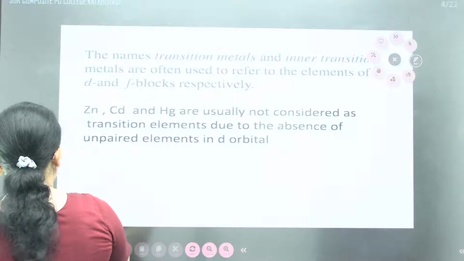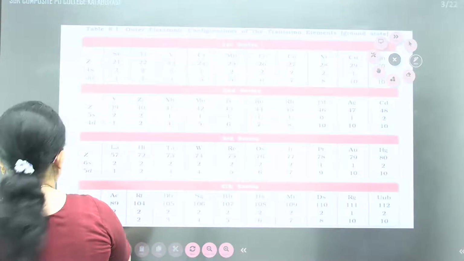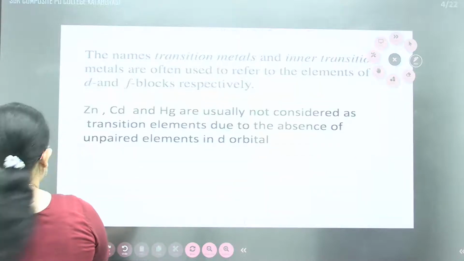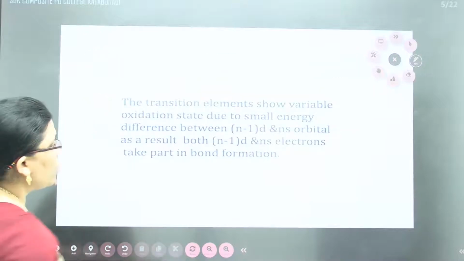Because of the variable oxidation state, their characters are going to change.